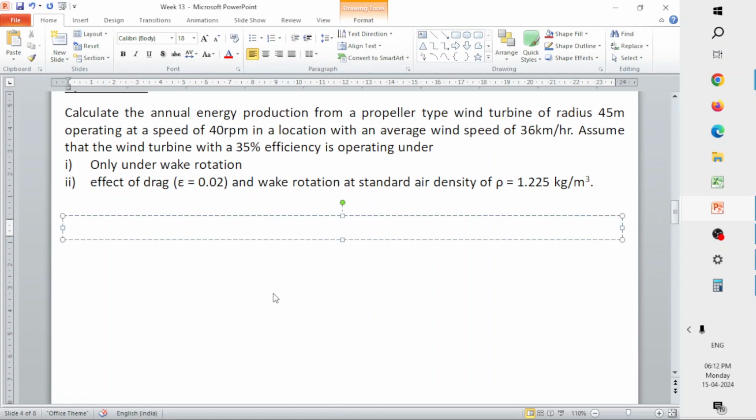So first, since they have asked us to calculate the value of annual energy production, we can start with the power. Initially we will discuss power as nothing but Cp times half rho A U cube. That is the power that is available in the wind.